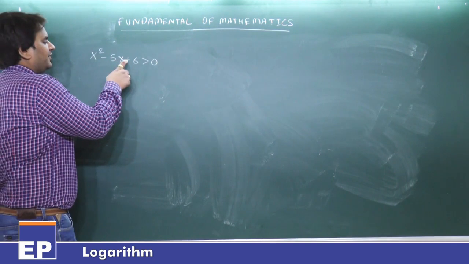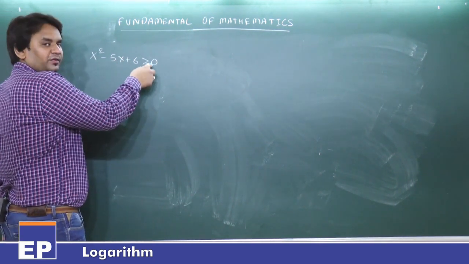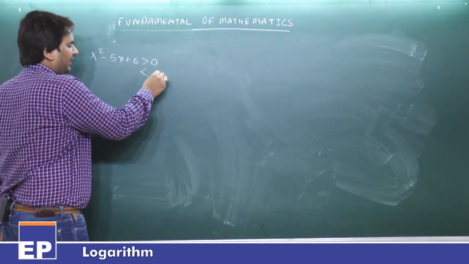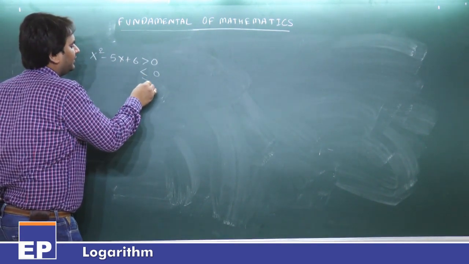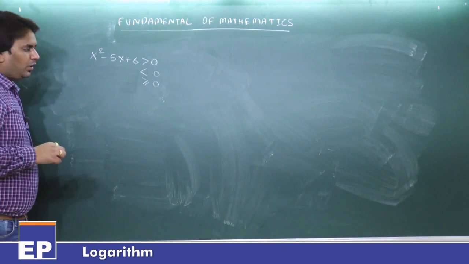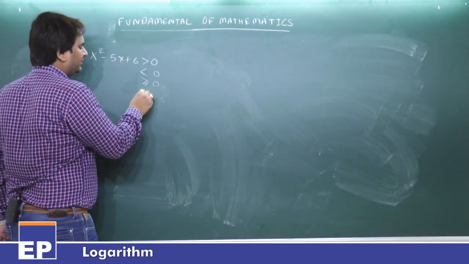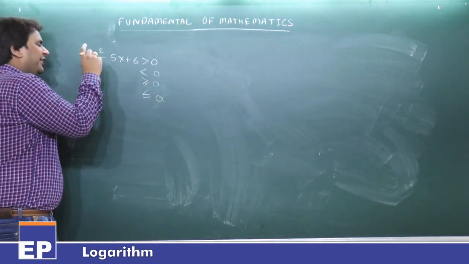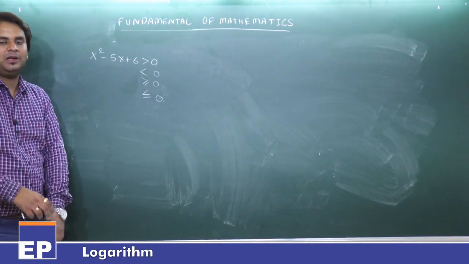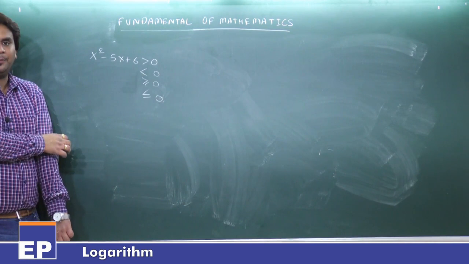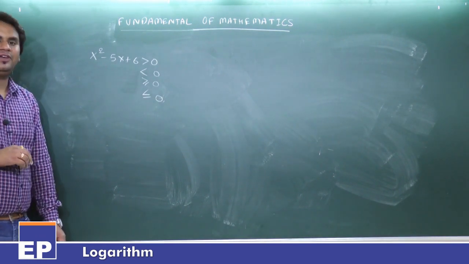In place of greater than 0, I can use less than 0 also. I can also write greater than equal to 0, or the next symbol that you can use is less than equal to 0. If I apply these 4 symbols in front of some equation by removing the equal sign, what will happen? This we have to study in the Wavy-Curve method.